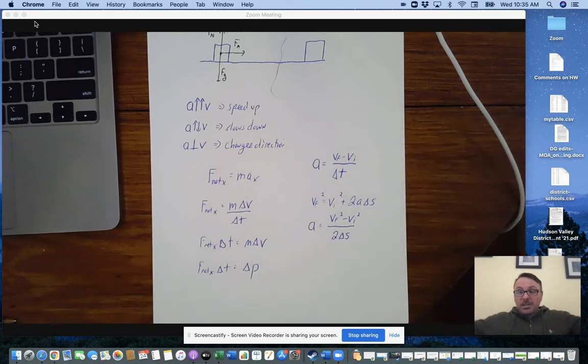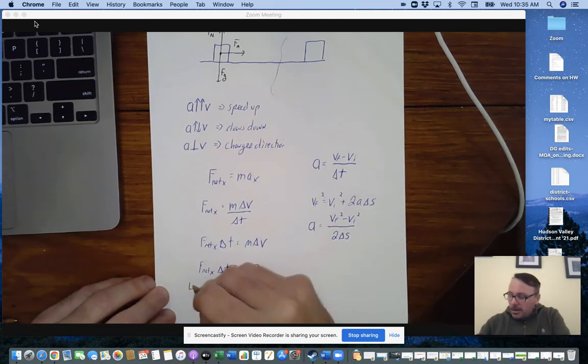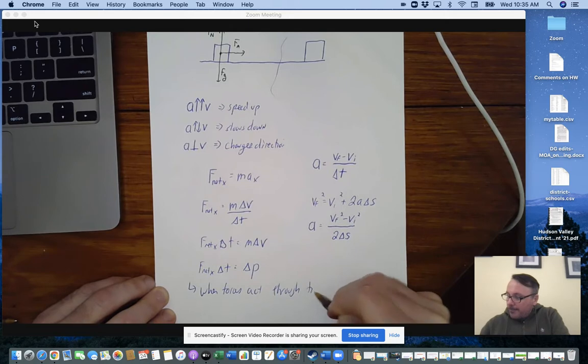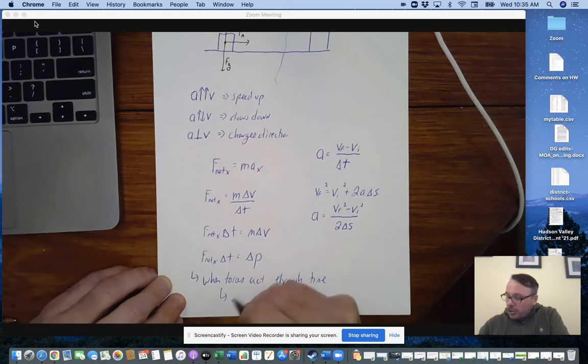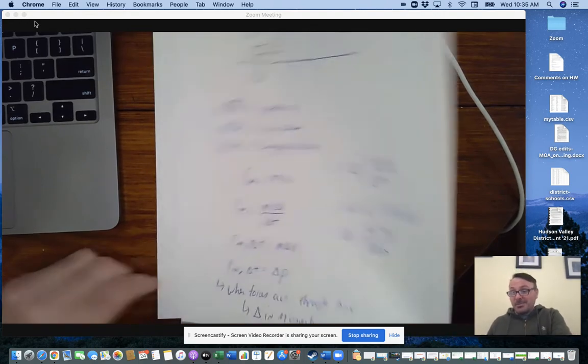When force acts over time, we talk about the momentum changing, right? That's what the impulse momentum theorem says. When forces act through time, we're talking about change in momentum. That's what it's descriptive of. Okay? So let's go and look at that other substitution then.